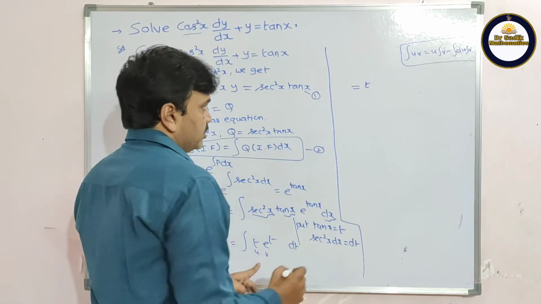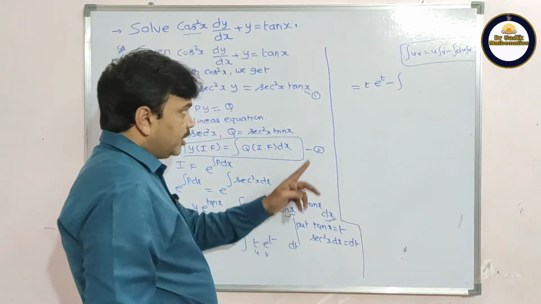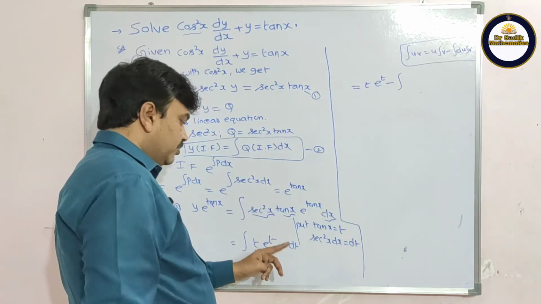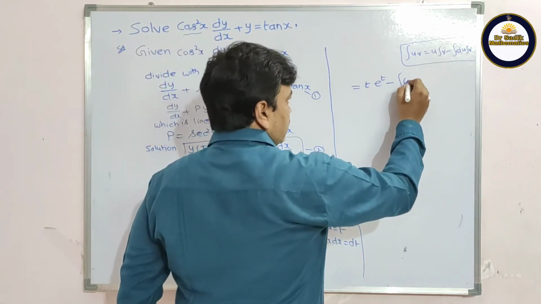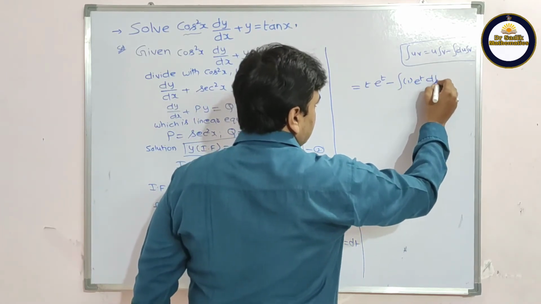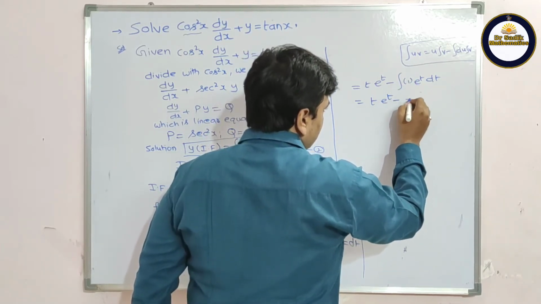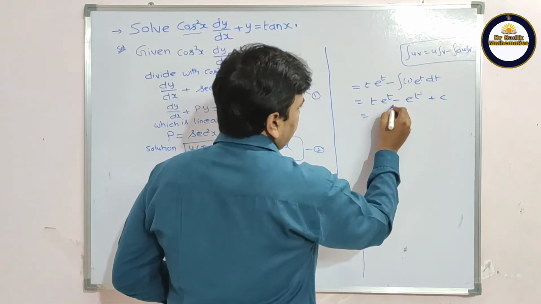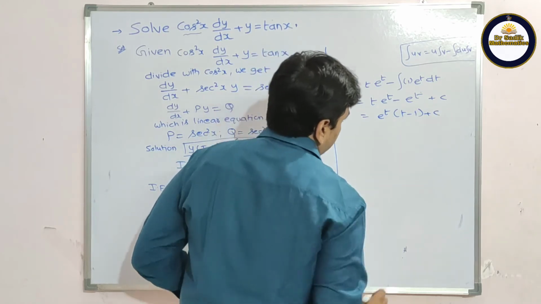What is the formula? That is equal to u, which is t, into the integral of e power t, friends. The integral of e power t is e power t, minus the integral of du, that means d by dt of t, which is 1, friends, into the integral of v, e power t dt. That is equal to t e power t minus the integral of e power t, which is e power t, plus c. So taking e power t common, we get e power t into t minus 1 plus c.